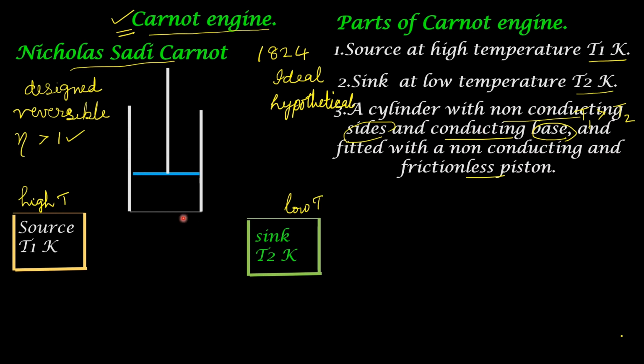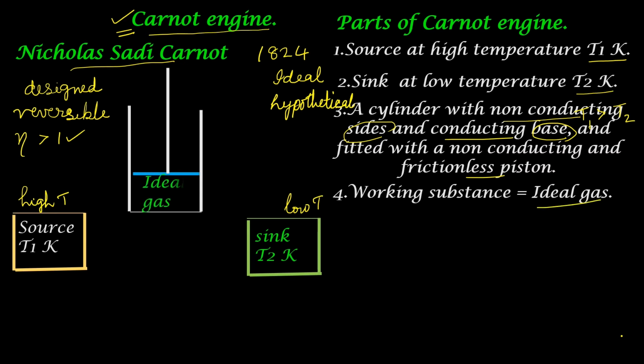Only the base of the cylinder is shown thin. It is conducting. The fourth part is the working substance, which is an ideal gas. It fills this cylinder. Ideal gas is a hypothetical gas. It does not exist in reality. And there is a non-conducting stand.